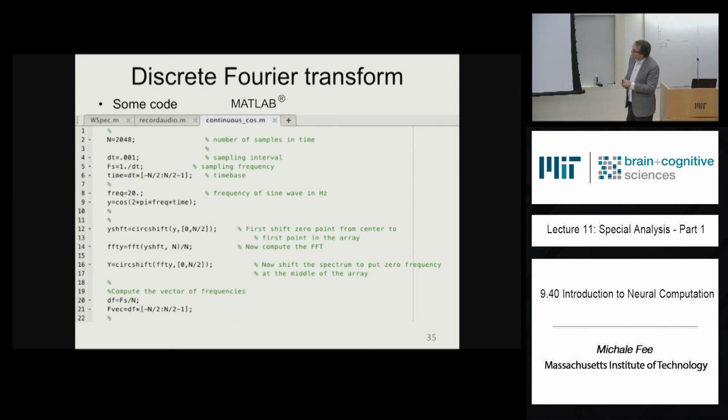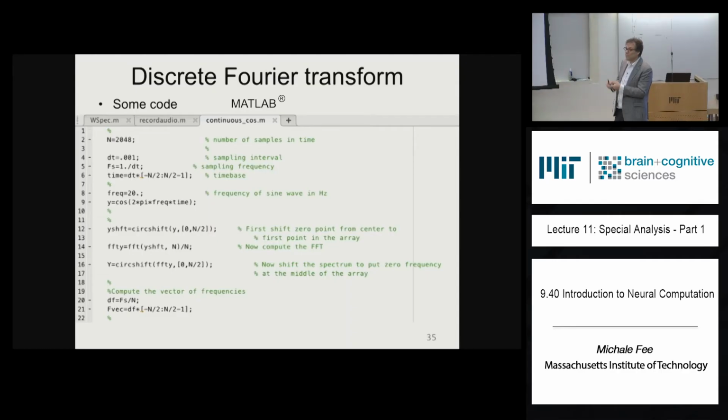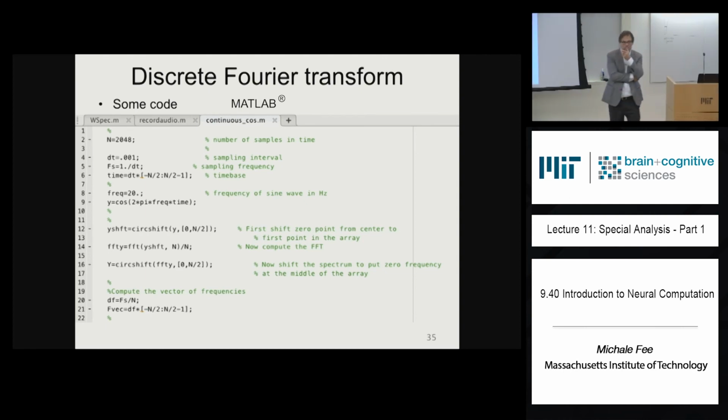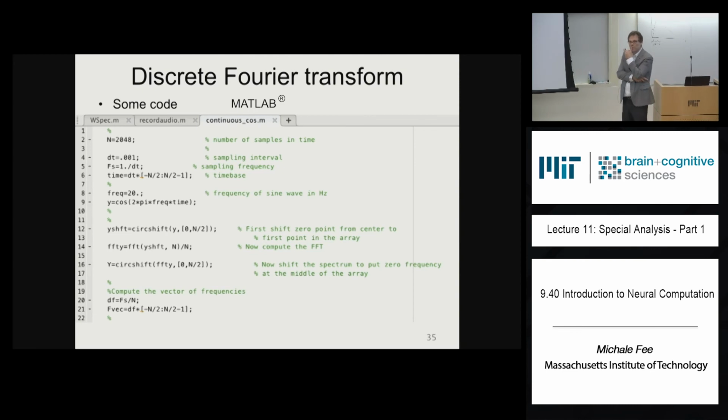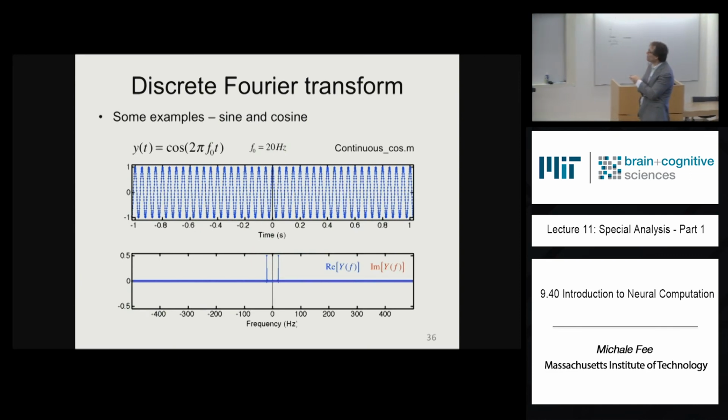Each one of those elements in that vector y, remember there are 2048 of them now. Each one of those is the Fourier coefficient of the function we put in at each one of those different frequencies. Okay? Does that make sense? Okay, now let's take a look at a few examples of what that looks like.